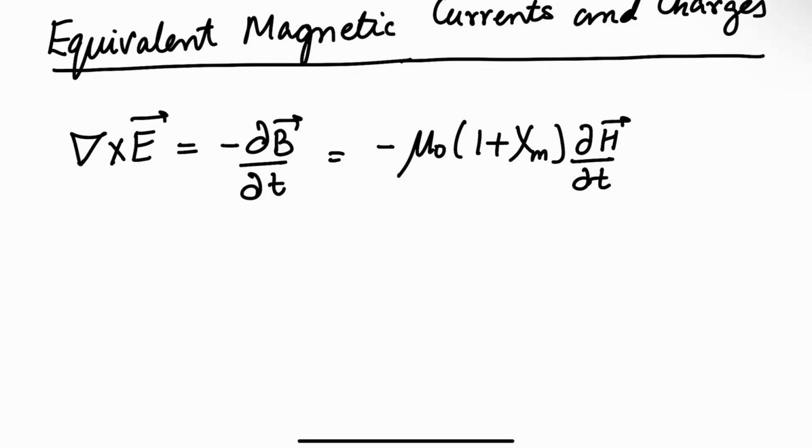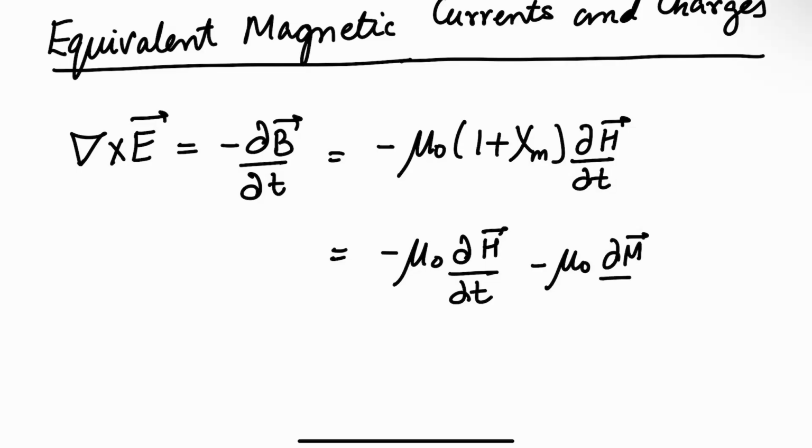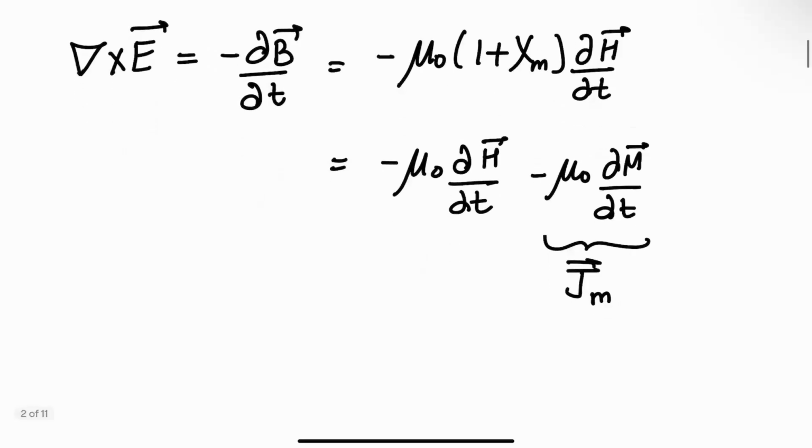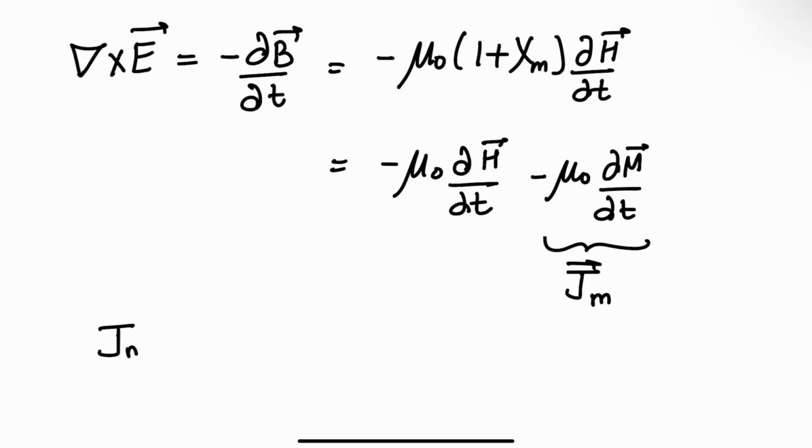I can pull that mu out, so that's nothing but minus mu naught dH over dt minus mu naught dM over dt, where M is the magnetization vector. Now I can call this a magnetic current. This is the definition of the magnetic current in some sense. So I can define an equivalent magnetic current to be nothing but mu naught dM over dt.